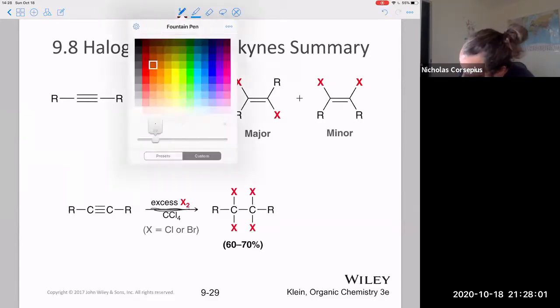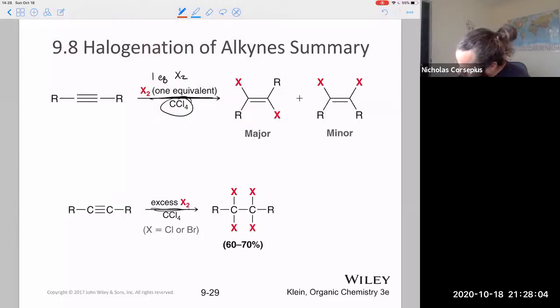So let's just go through our list here and create our little cheat sheet. Do you need to know the mechanism? No, because frankly, nobody does. It's not very well understood. Maybe there are multiple mechanisms at play, which is why we have this mixture of major and minor. What about regioselectivity? There's no regioselectivity to be worried about because we're adding chlorine and chlorine to both carbons. I guess the only caveat would be that you do create the vicinal dihalide, meaning that you're adding a halogen to opposite carbons.